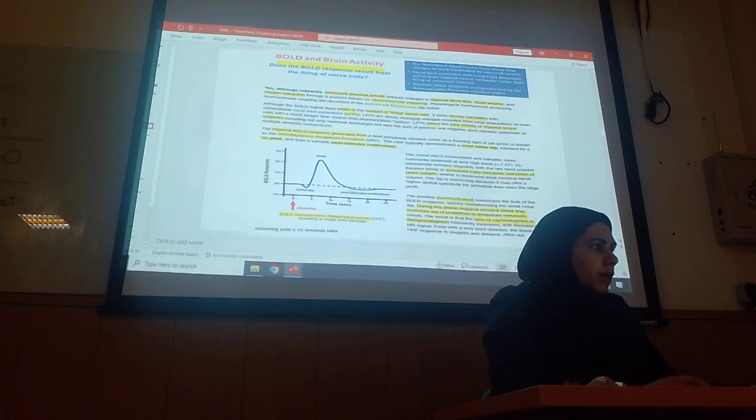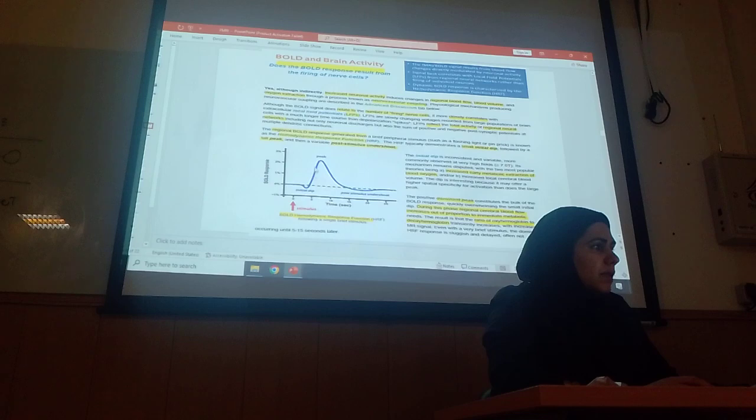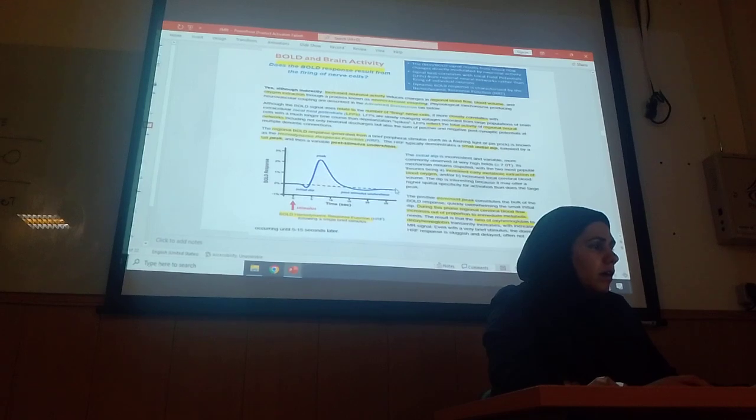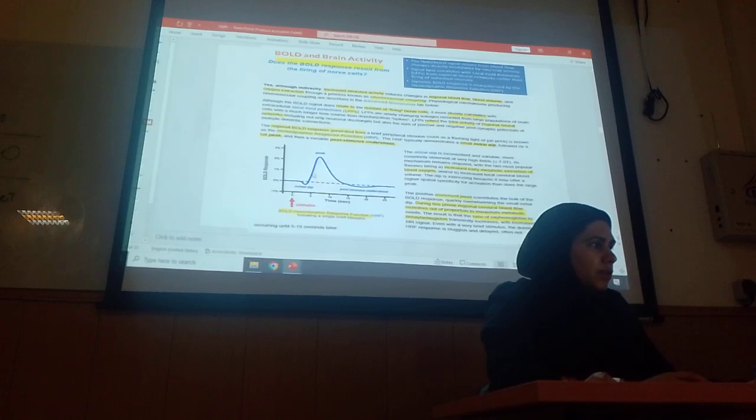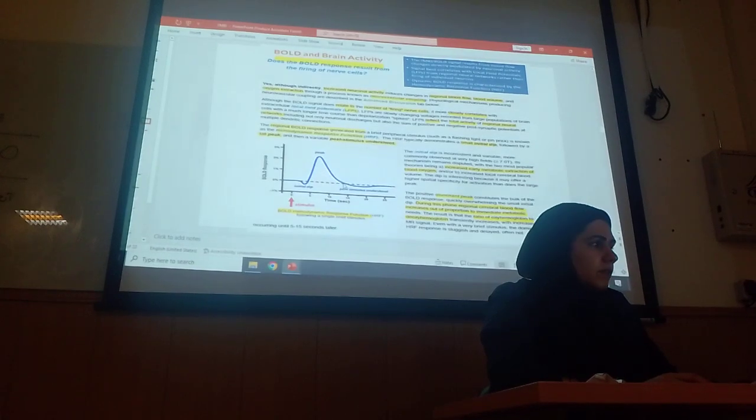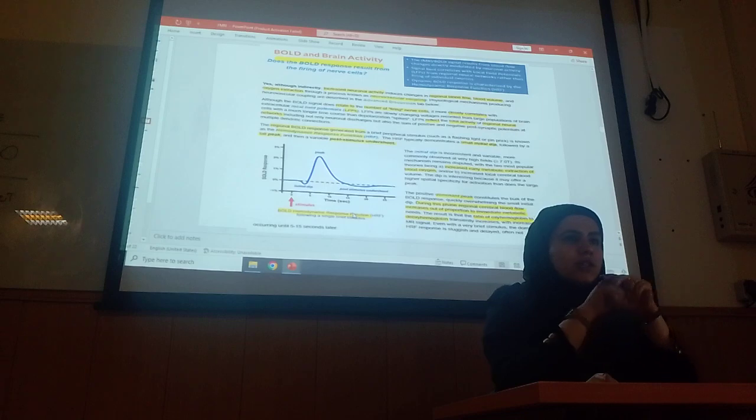a term regarding the activation of our neurons, and we can see the changes in blood flow and oxygen level in this curve. This curve is very important. We call it the hemodynamic response, the BOLD hemodynamic response function.